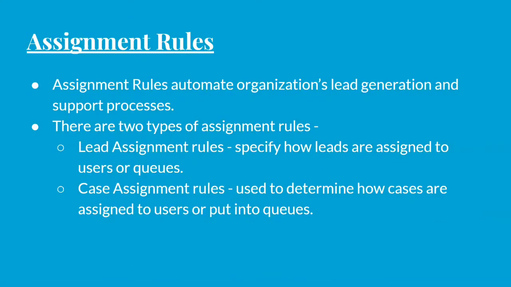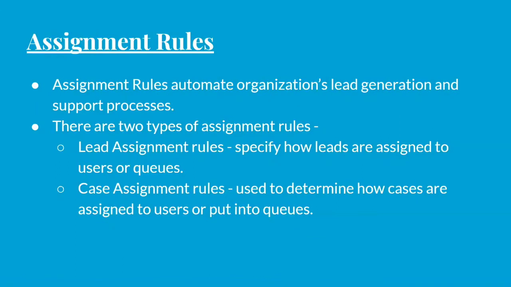So whenever a lead is coming into the system, you can assign it to a particular team of people that we call a queue, or you can assign it to a particular user or owner, because this person will be best for this type of lead.